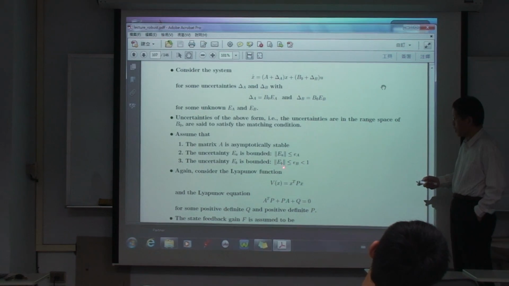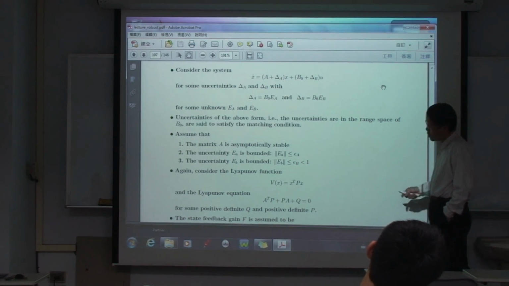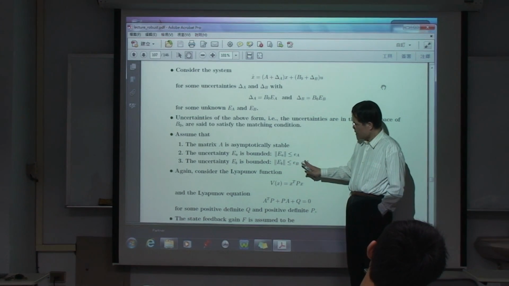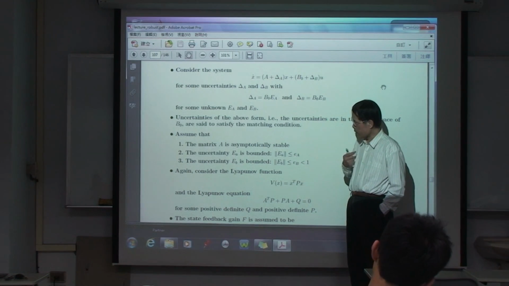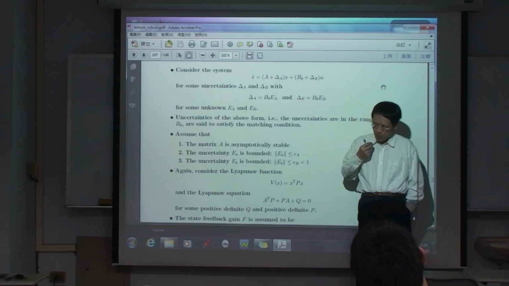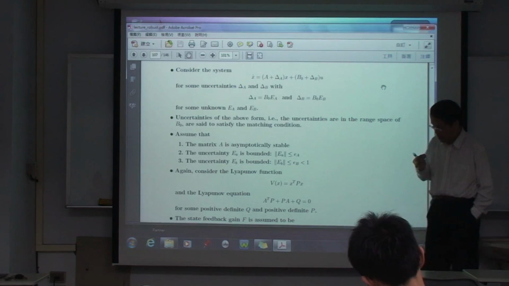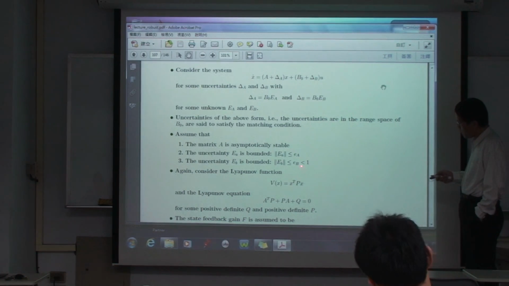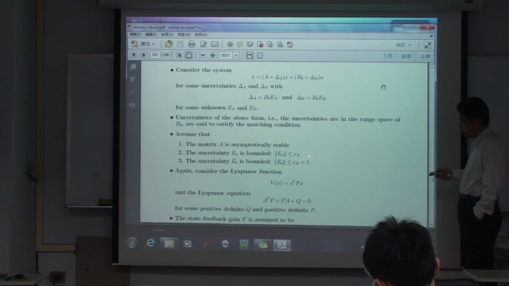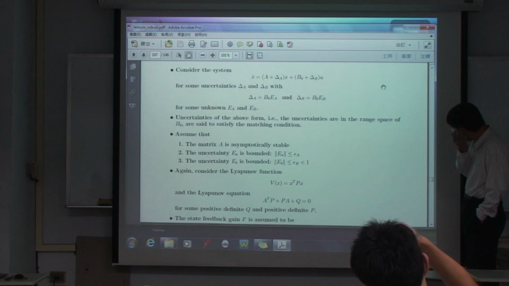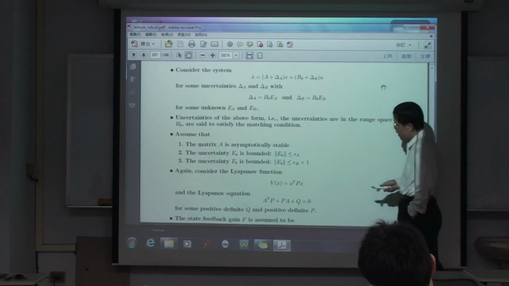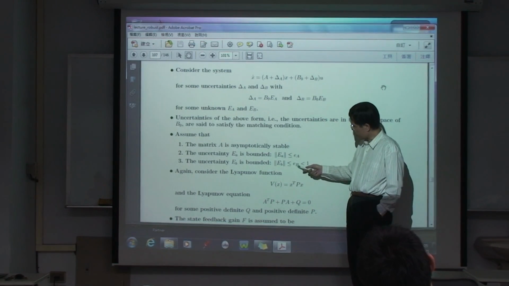And the third condition is a little bit tricky. I will hope that EV is bounded by a certain small number, but this particular bound has to be strictly less than 1. Okay. And if you read the lecture, read the textbook, then you will pay some attention to this one, because this turns out to be a very important assumption. Then you would ask, why do I need this assumption?